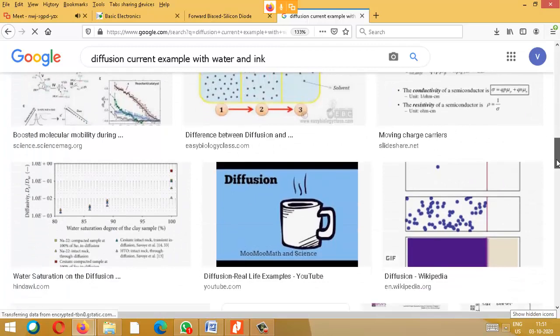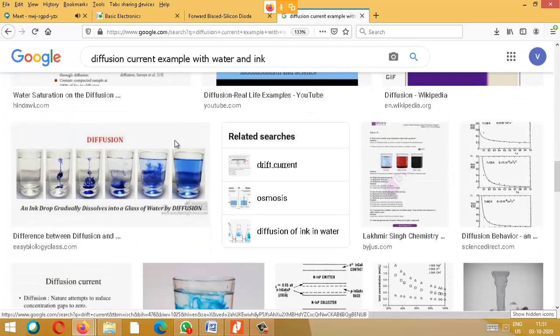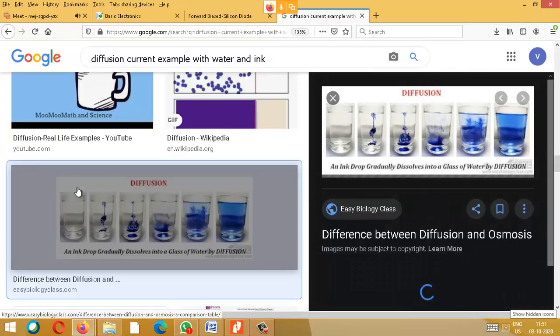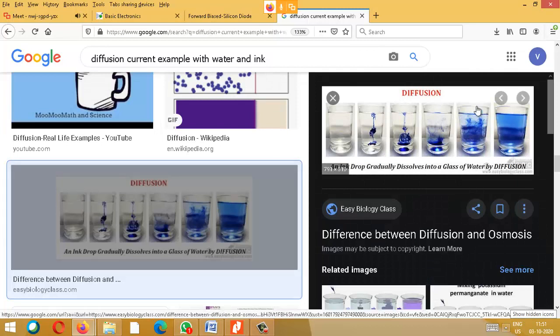Just see this, this is the example for diffusion. If I put ink on the water, I am not stirring or doing anything, I am just pouring the ink. Now what you can visualize is that ink in water cannot fully get dissolved unless I stir. Stirring means putting a spoon in and mixing. You are not supposed to put a spoon in, you just give the ink. What will happen? This will go and deposit here on the boundary.